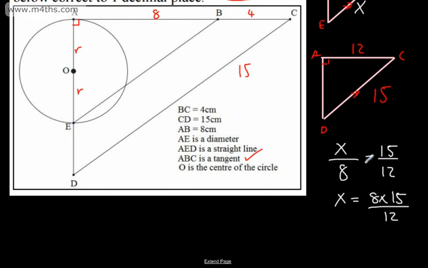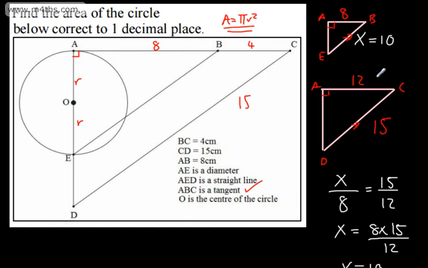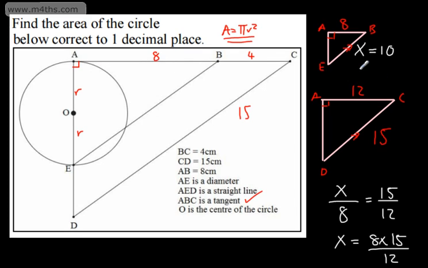So this is nice and straightforward from here. 2/3 of 15, X is going to be equal now to 10. So if we look at that, X is going to be equal to 10. So all I've done is found that length there. If you've got a quicker way of doing this, it'd be interesting to see it. But again, it's relatively straightforward.